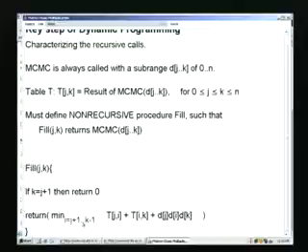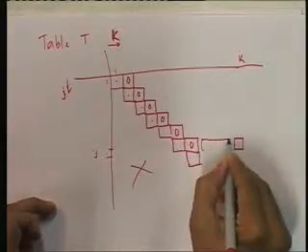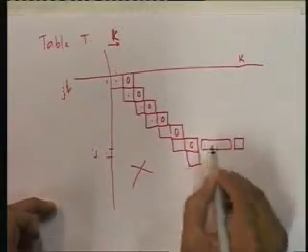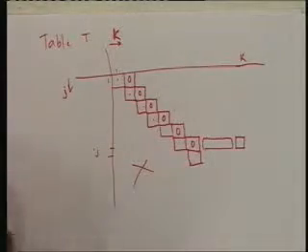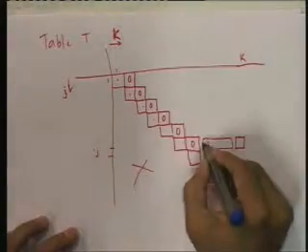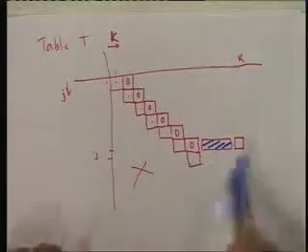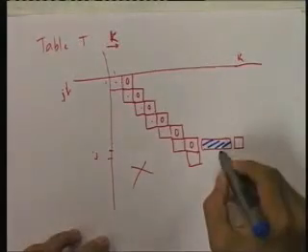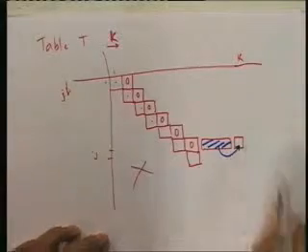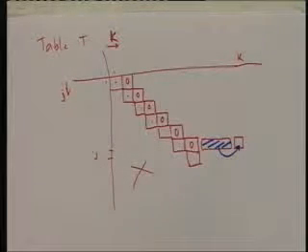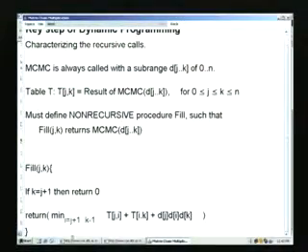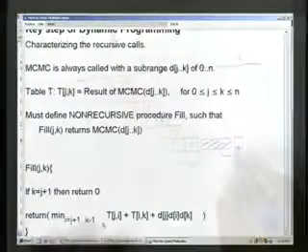So, these are simply table entries in this region. Let me put them in a different color. So, these are the table entries which are needed for updating this. Let me put an arrow going from here to here. But it also uses table entries i k. Again, i going from j plus 1 to k minus 1. So, which are these entries? Well, these are the entries which are below over here.